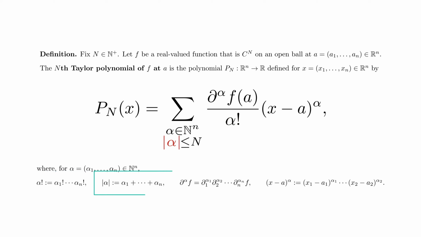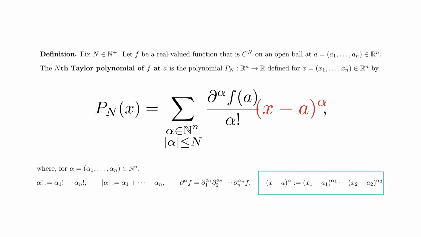The degree of alpha is the sum of its components. The alpha partial derivative of f is defined as the following combination of partial derivatives of f. The first variable is differentiated alpha 1 times, the second variable is differentiated alpha 2 times, and so on. The expression x minus a to the alpha is the following product of monomials.